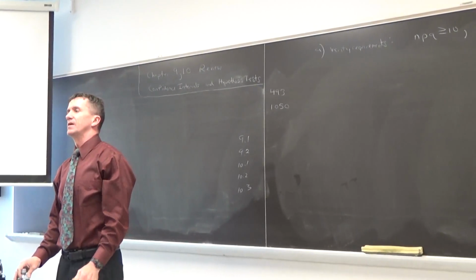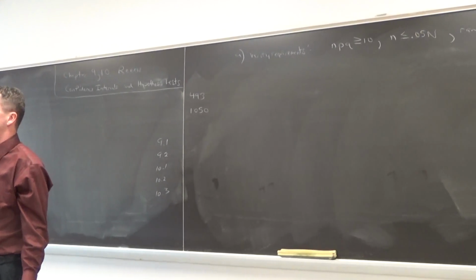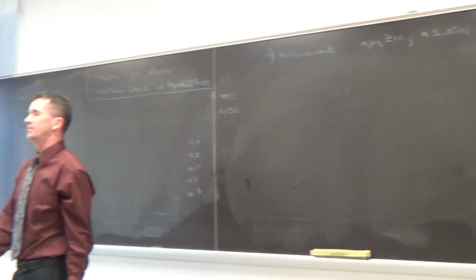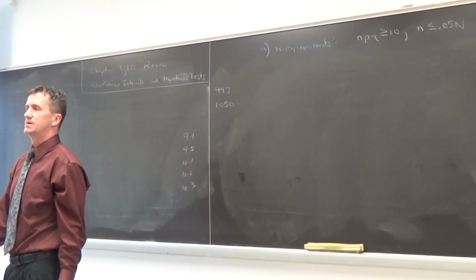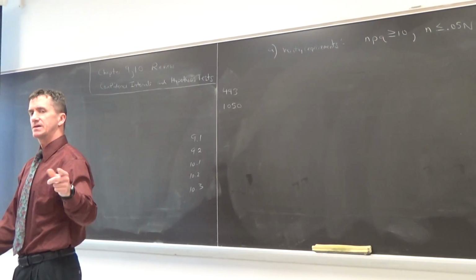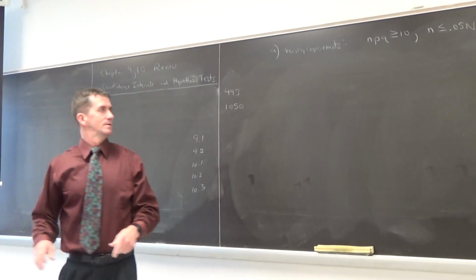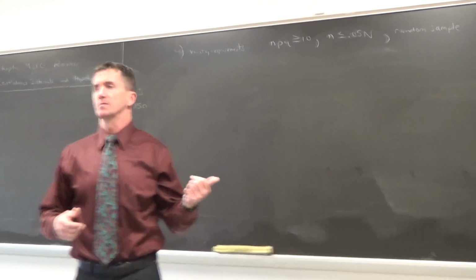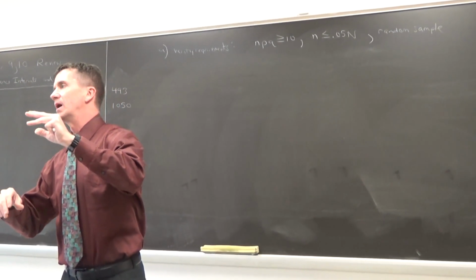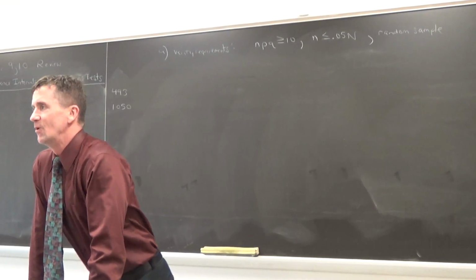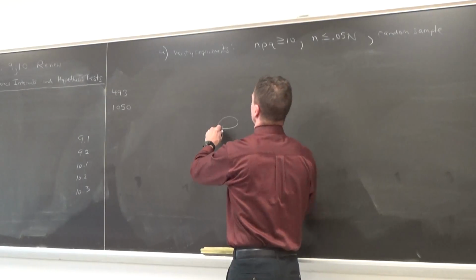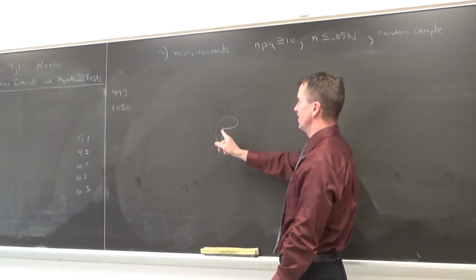There's one thing I have to fix in letter A as I'm verifying requirements. It's either np q greater than or equal to 10 or the sample size is less than or equal to 30 with means. This came up in our last lesson. In this whole problem, we're trying to estimate the population proportion. So we don't know p, the population proportion.